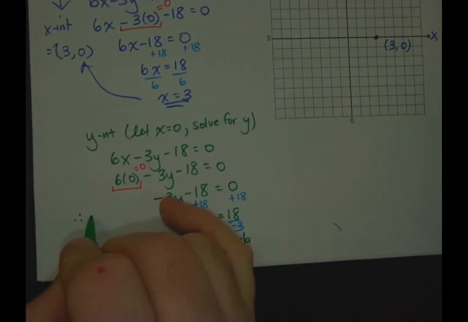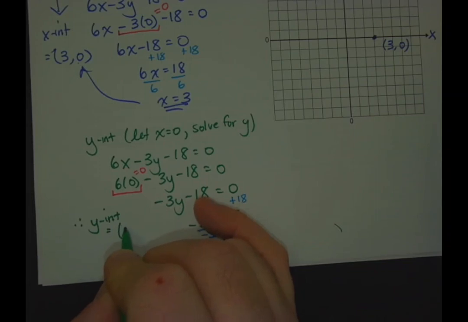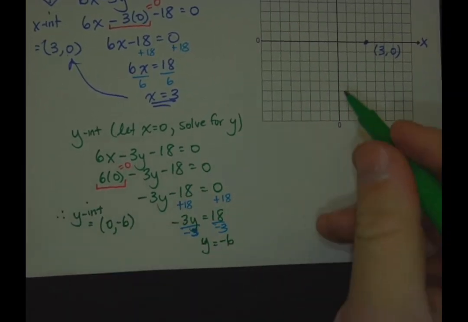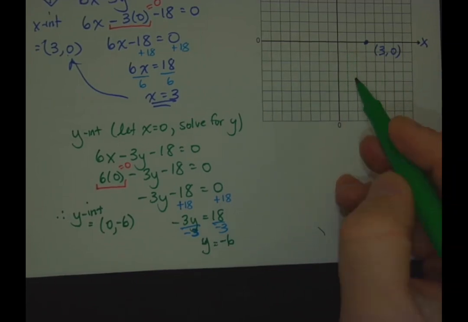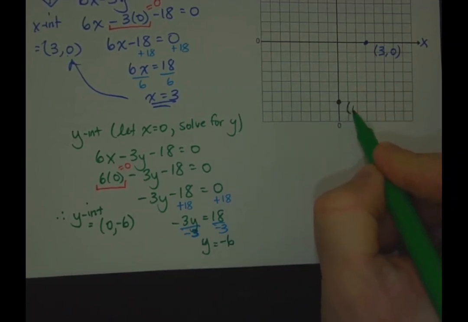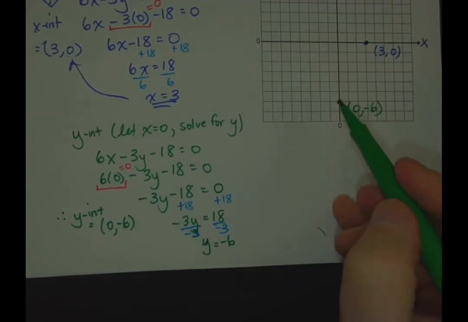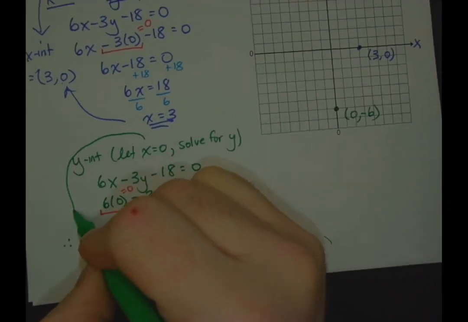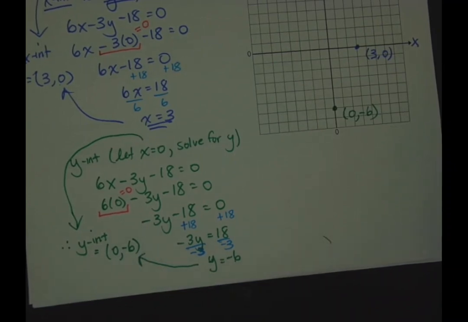Therefore, my y-intercept equals 0, -6. That's where that point is. So if I went to my graph, 1, 2, 3, 4, 5, 6, there's my y-intercept of -6, because x is 0, y is -6.